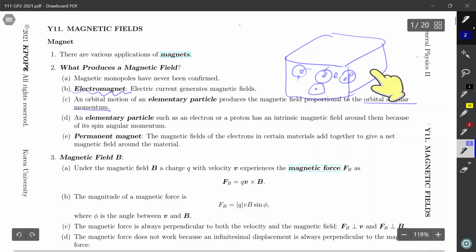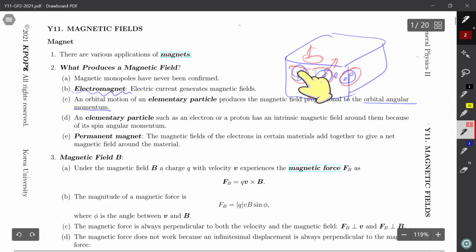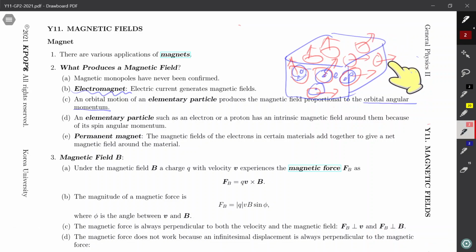Some electrons just stay there. Globally, their directions of rotation, orbital motions, are randomly distributed. Therefore, in general, materials do not have magnetic property. It does not generate a net magnetic field.